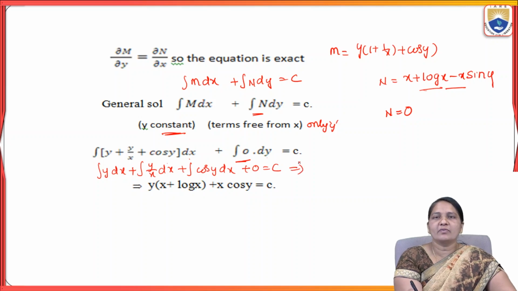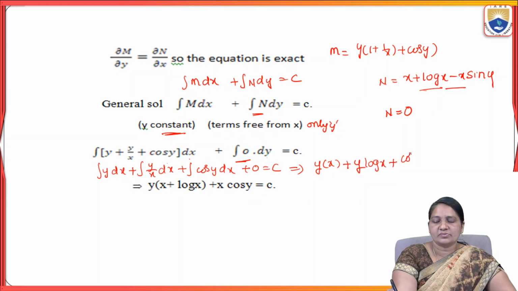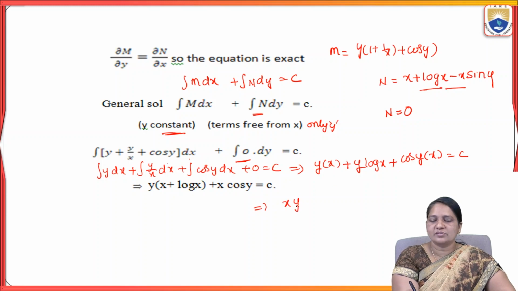What is the integral of y dx? Y is a constant, the integral of dx is x, so we get xy. Then y is also constant, and the integral of 1 by x dx is log x. Then cos y is a constant and the integral of dx is x, equal to c. So finally we got xy plus y log x plus x cos y equal to c.